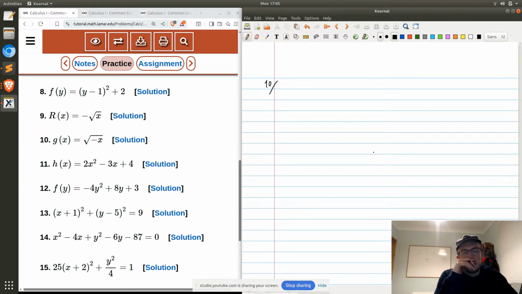The square root of the negative of x. So it would just open up towards the left, right?